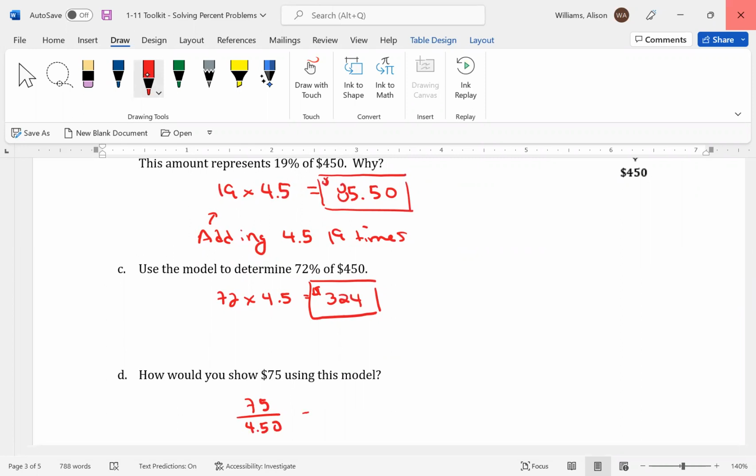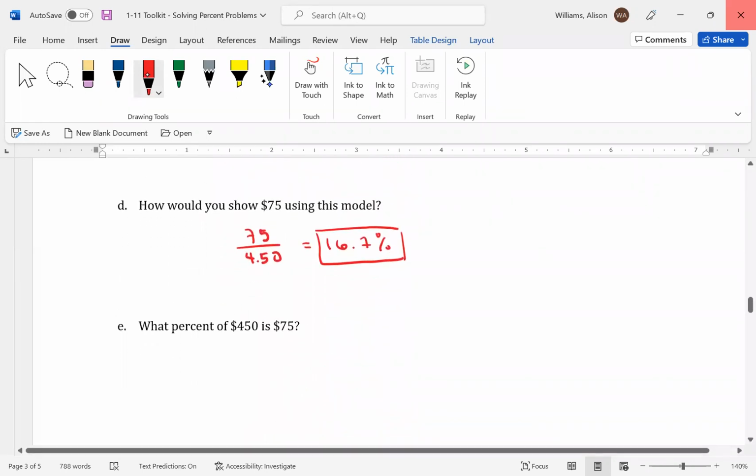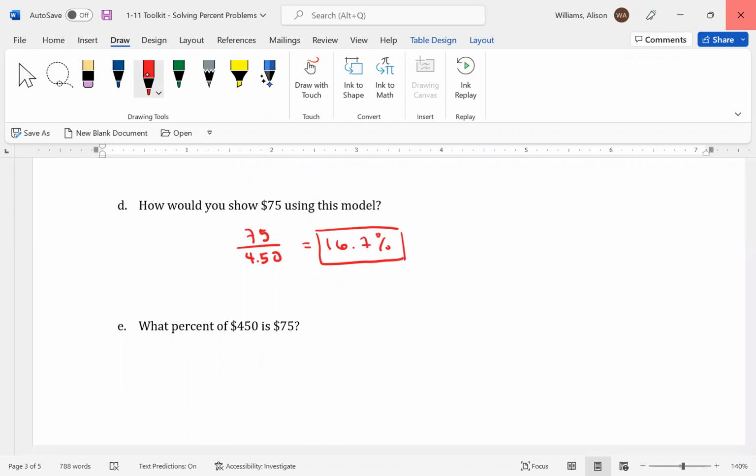And that comes out to 16.666666, all the way to 7. So it's 6 repeating. Okay, I'm just going to go ahead and write 16.7, and that would be percent. So that would be the percentage representing $75 in this particular model. And then what percent? Oh, that's funny. There it is. I just answered that question.